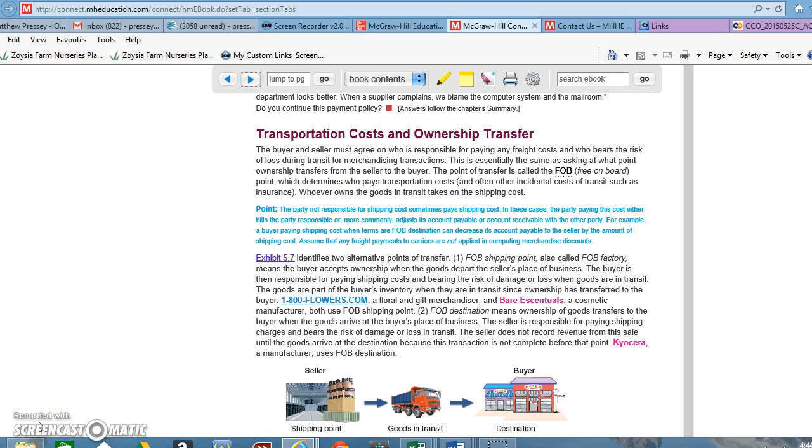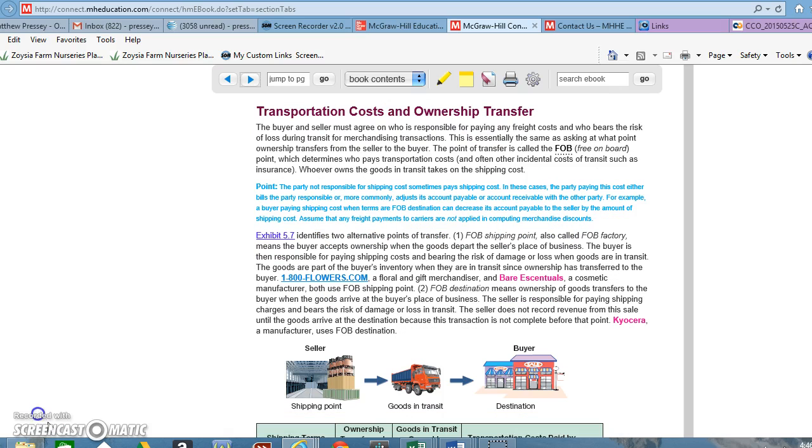Some more big concepts I want you to pay attention to here in the chapter are transportation costs and when ownership transfers. Here on 197, we get into the concept of accounting for transportation costs and when ownership transfers on merchandise that's bought from a wholesaler.